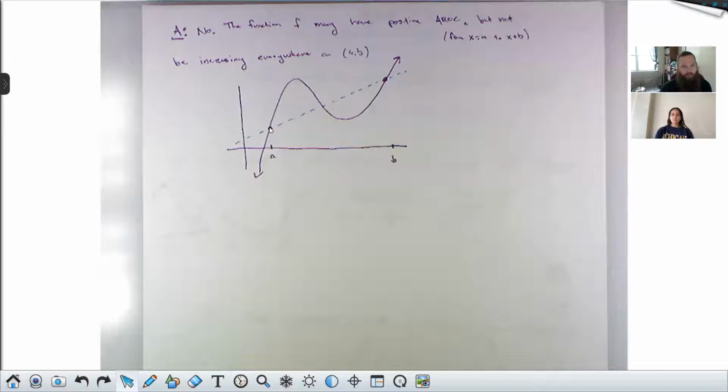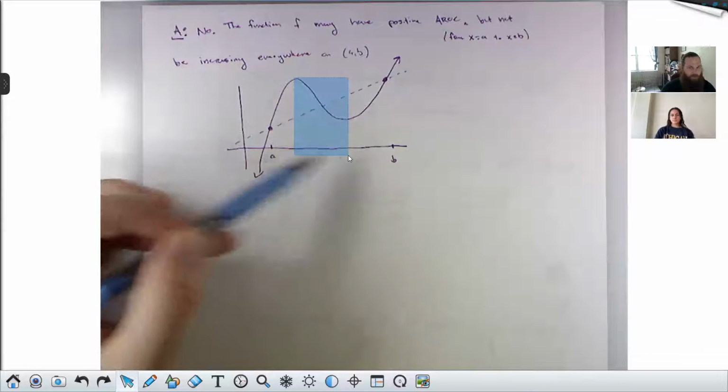It's possible for the function to start very low, come up high, turn around, come back down, and then go back up and end up higher than it started. And that's the condition that gives us the positive average rate of change. But certainly the function is not increasing from here to here. This function would be decreasing on this interval of x values here.